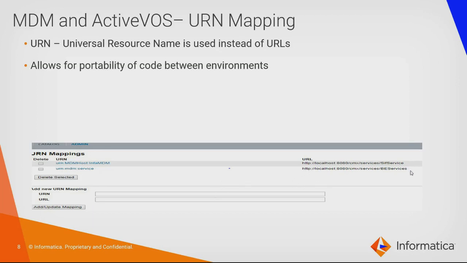So if you've got dev, QA, and prod environments, which will have different endpoints for your BE service, CIF service, or other APIs, or even for database JNDIs, you can just code the URN in your BPEL code, and during runtime, the ActiveVOS server will resolve this URN to the URL.